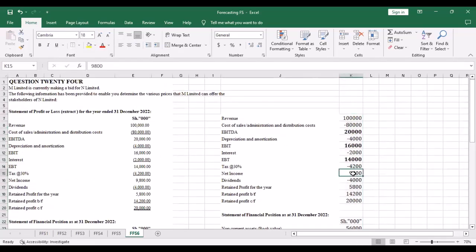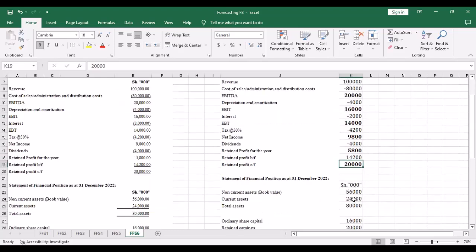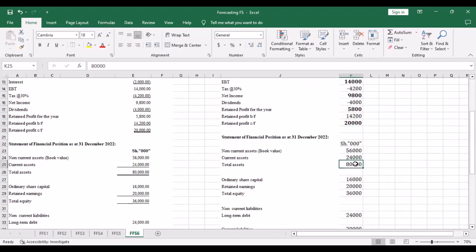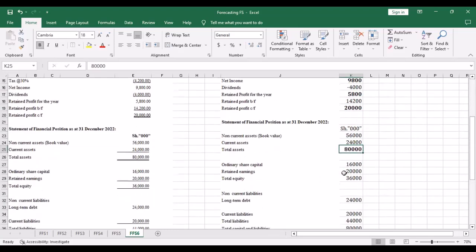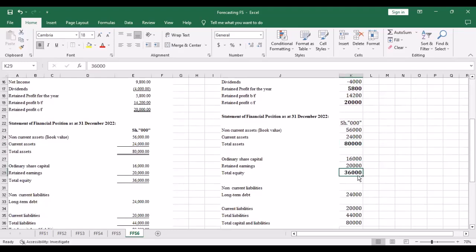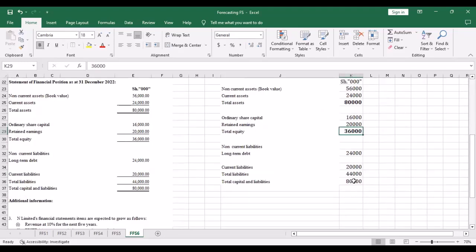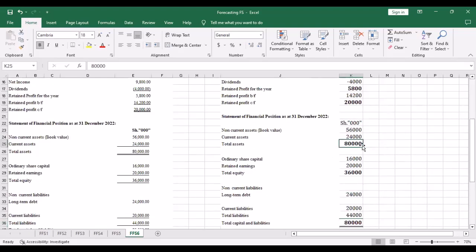So net income also, Control B. Then retained earnings for the year, Control B. Then carried down, Control B. Control B. Control B. So these ones are the total capital, and also this one.